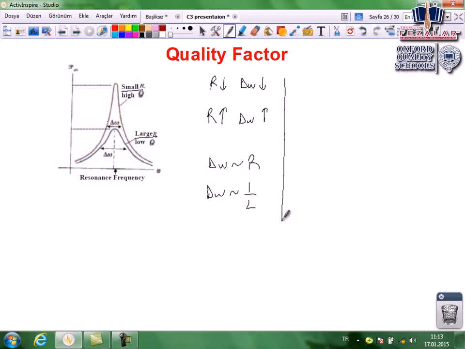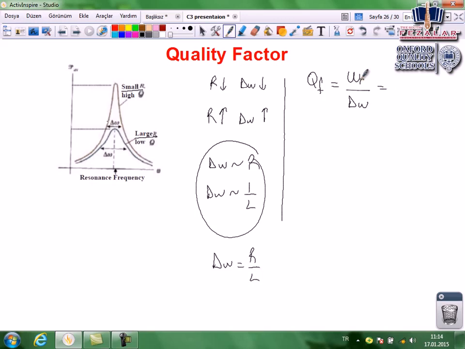Let's remember, at the beginning of this part, we said the quality factor, represented by QF, is the ratio of the angular resonance frequency over the range of angular frequency. We can formalize this relation. We can write change in omega is R over L. Let's write the equation.